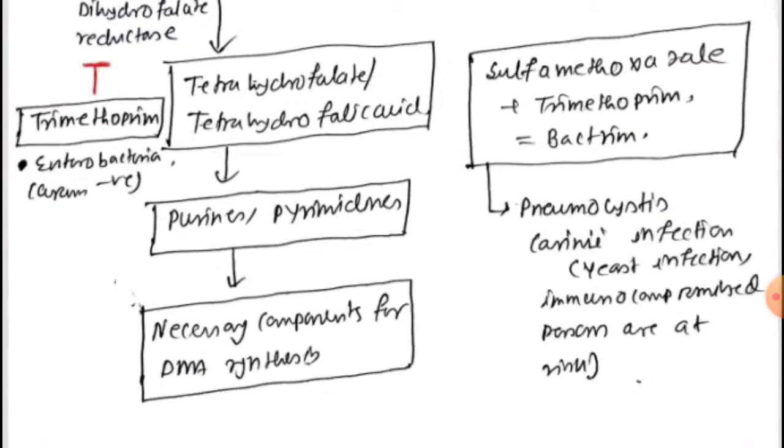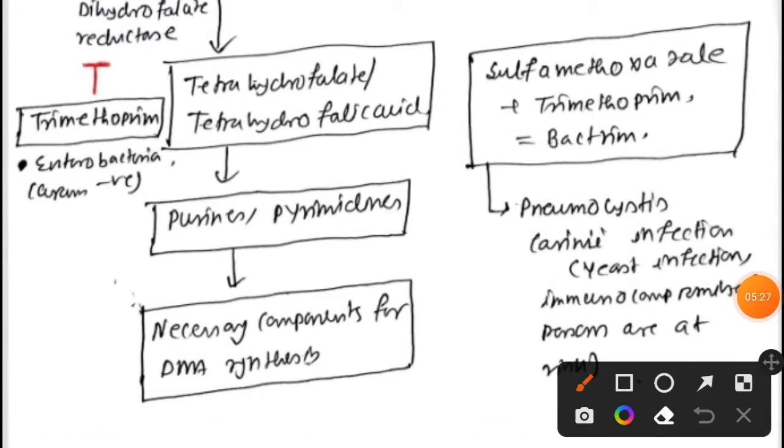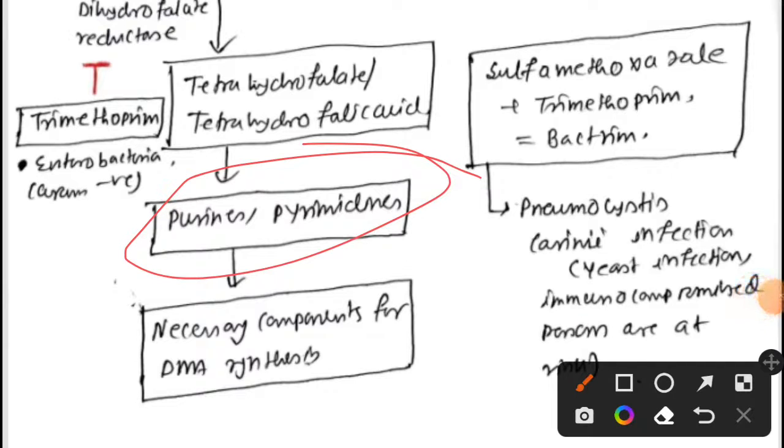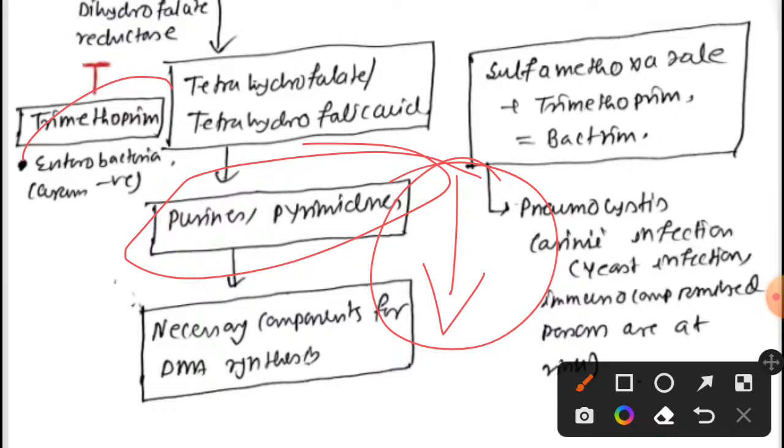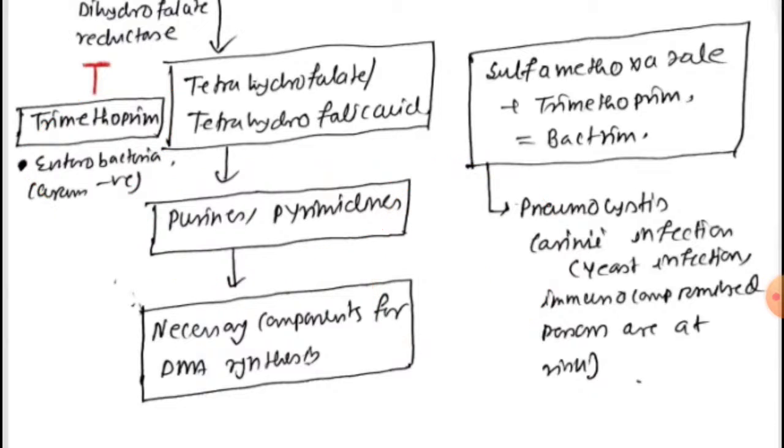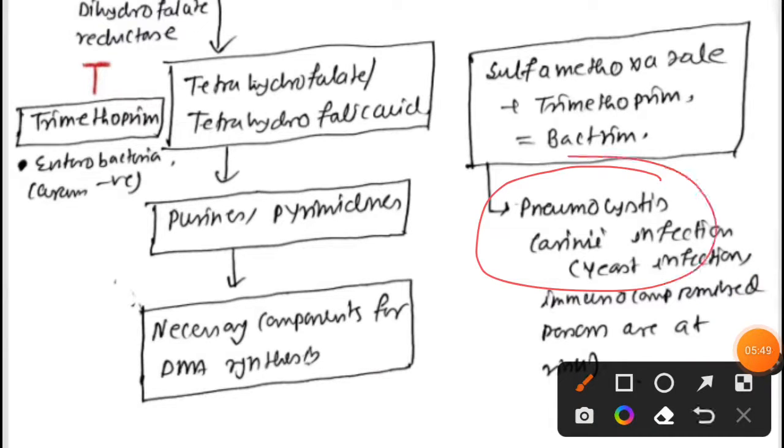This ultimately leads to the formation of purine and pyrimidine, although the amount will be lowered drastically because we have used various drugs to inhibit the pathway. Also, in some treatments, especially for Pneumocystis carinii infection, which is a kind of yeast infection, we can use both sulfamethoxazole and trimethoprim.